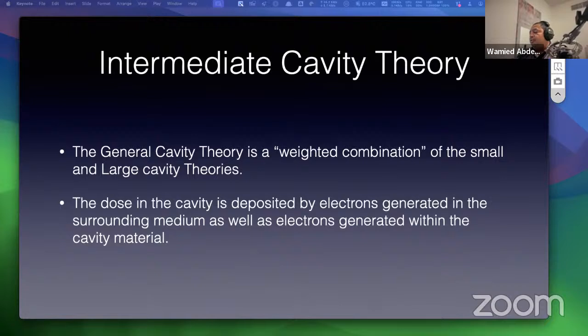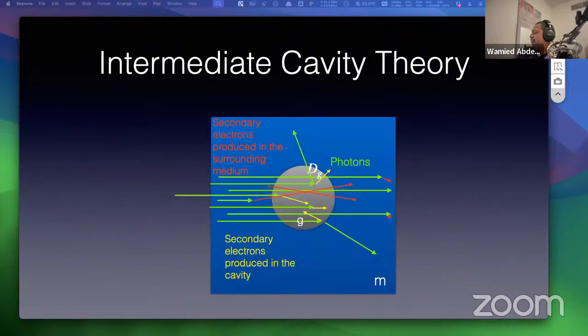If we know these two weights, then we can make use of the small and large cavity theories in order to determine the dose within the cavity.